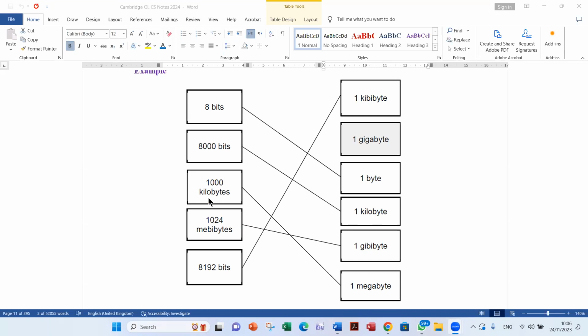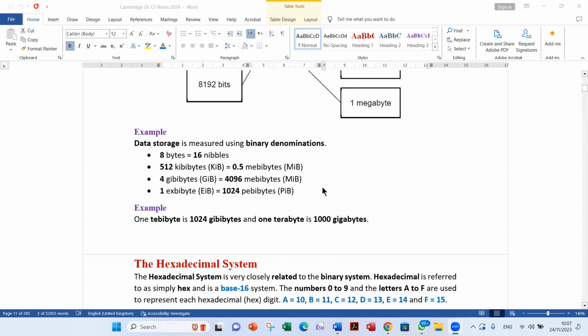Okay, 1,000 kilobytes is 1 megabyte, because this is on the denary scale. 1,024 mebibytes is 1 gibibyte. 8,192 bits: if it is 1,024 multiplied by 8, it will be that value, and this goes to 1 kibibyte. Okay? So see, they question you about what is kilo and what is kibi. Also, those couple of questions were in the exam.